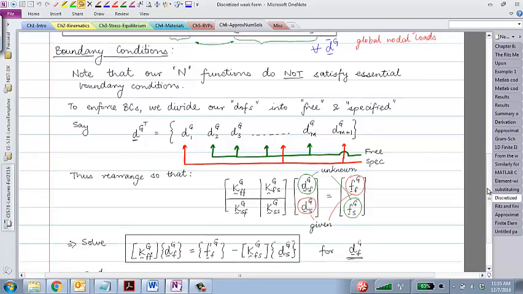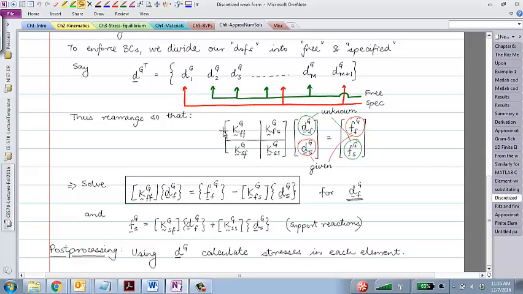Okay. And at this point, I can expand the first equation of this matrix. That gives me this. I can very easily solve for d free, that's this part, just by inverting k_ff, exactly like we've done last time and even for the Ritz method. And once I know this, then I can go to the second equation and I can write an expression for the reactions at the specified degrees of freedom just by expanding on the left hand side. So this will be the support reactions.